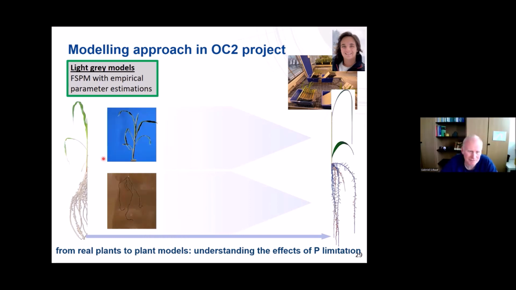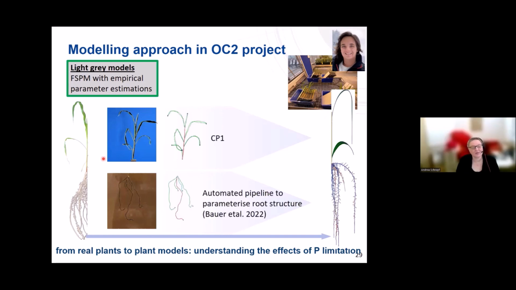Sorry about this. The idea is to then extract relevant information. For the roots we have automated pipelines to parameterize our root architecture models. They work surprisingly well also for the shoot part, but here we see high potential to collaborate, for example, with CP1. So this will be my last sentence.